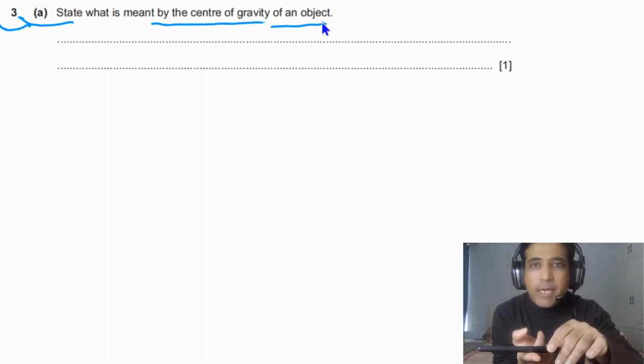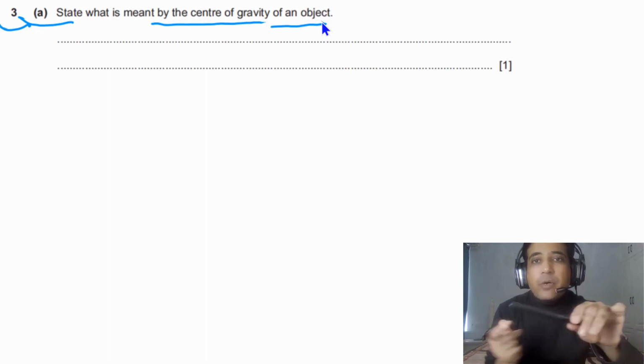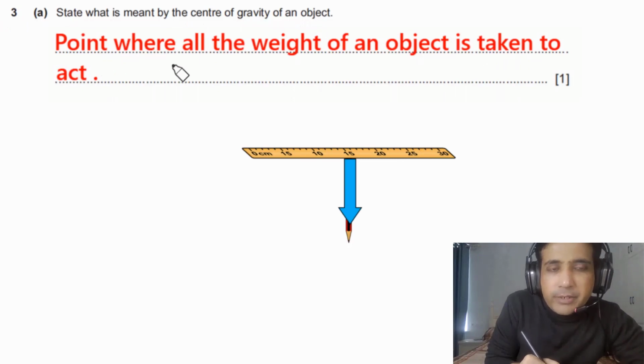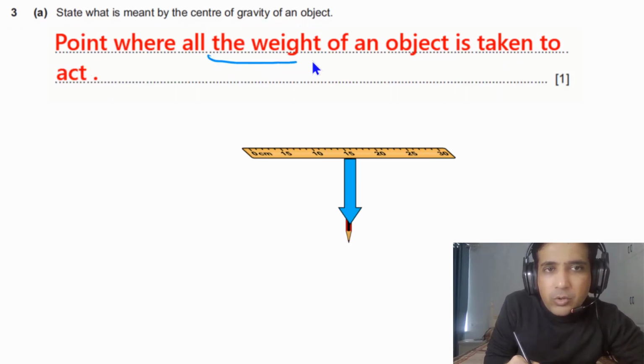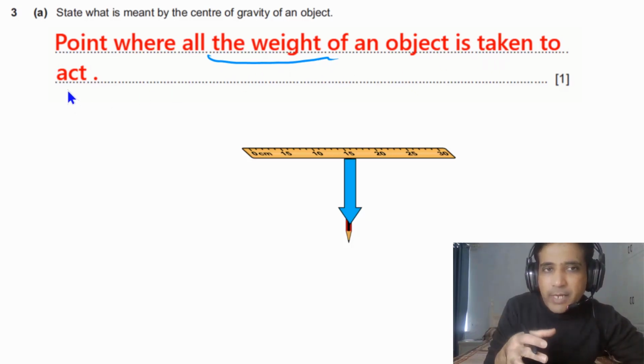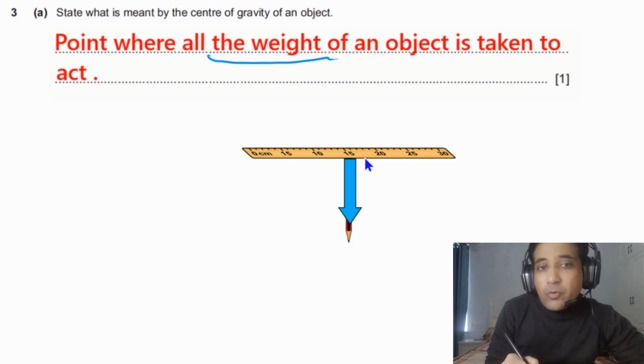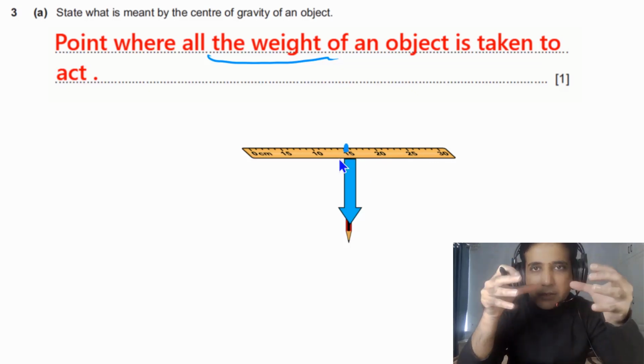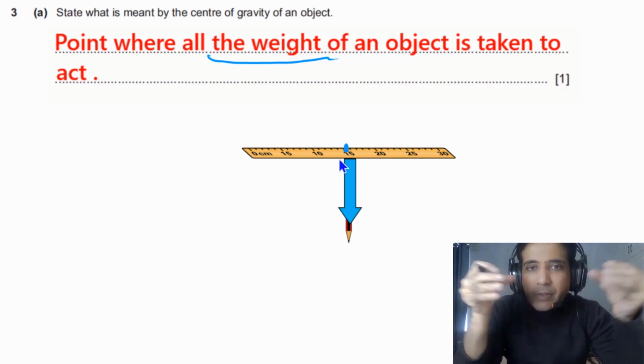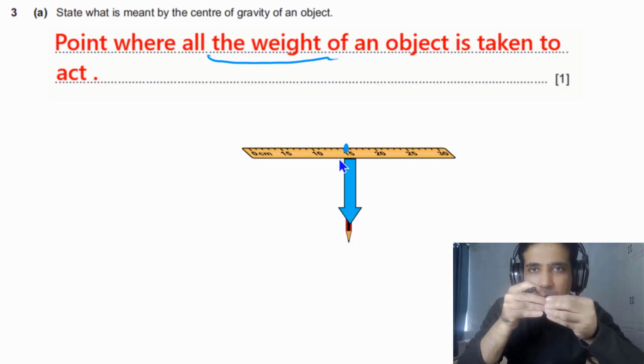Now let's go back and try to write down the answer for this question. This is how we can write down the answer. Simply you need to say that it is a point where all the weight of an object is taken to act, or you can say is considered to act, and that point is the center of gravity. And for this 30 centimeter meter rule, you can see its center of gravity is located at 15 centimeters because its density is uniform. If the density is uniform, it's a uniform meter rule.